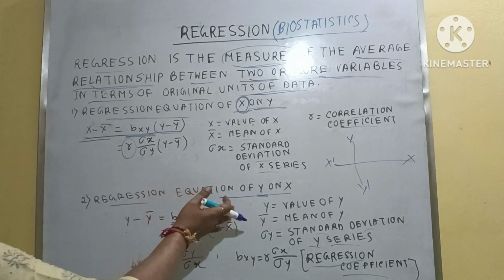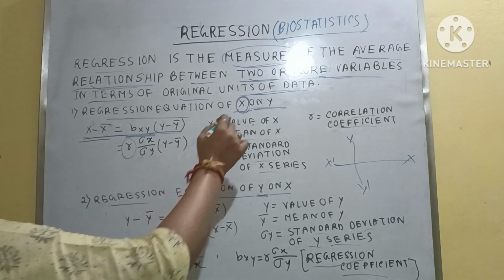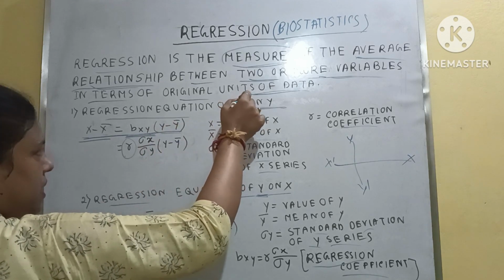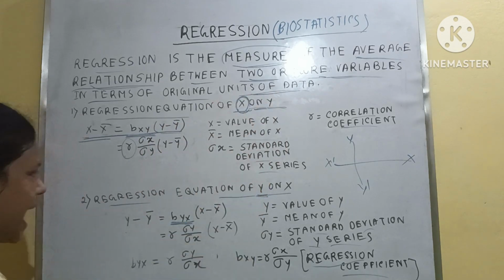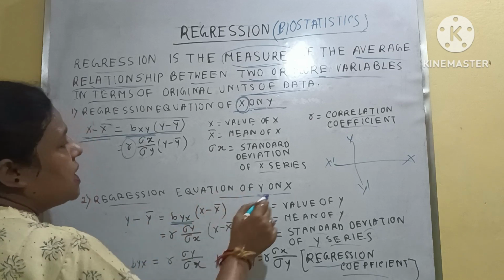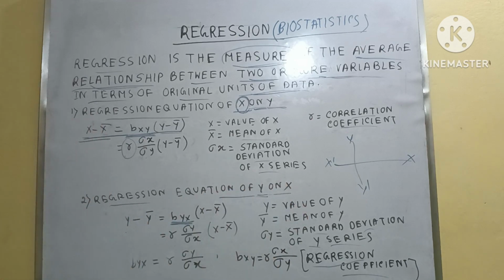See carefully: when the equation is of y, we write byx, and when the equation is of x, it must be bxy. So these are the two equations: one of x in respect of y, and one of y in respect of x.